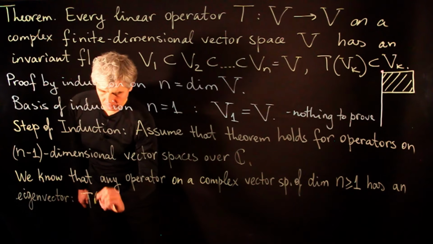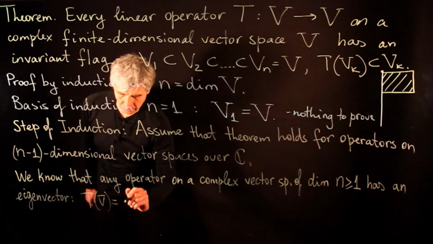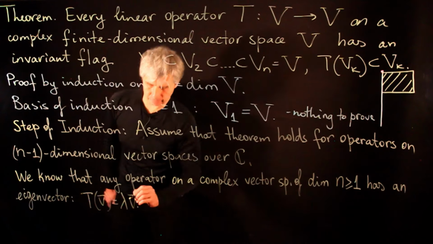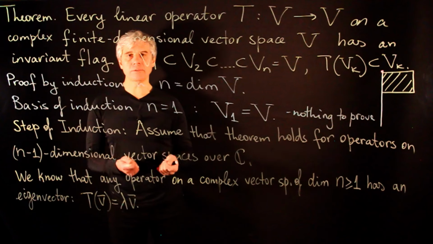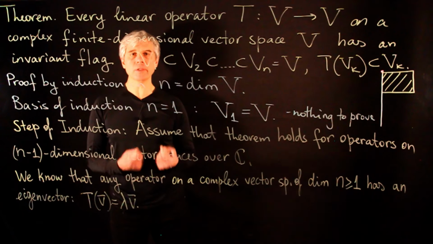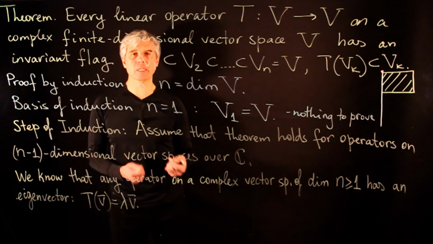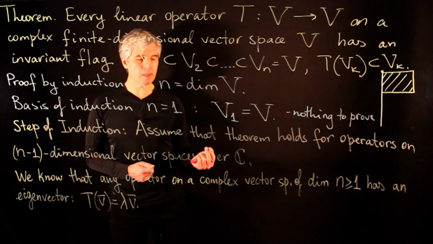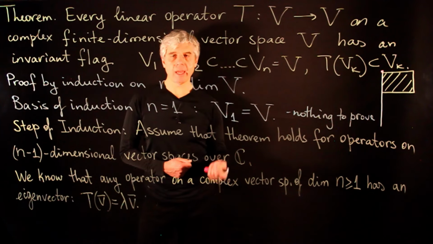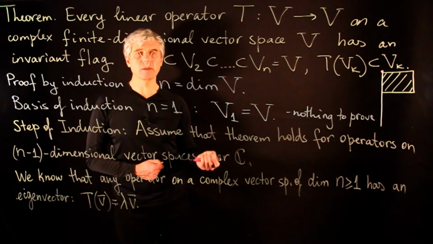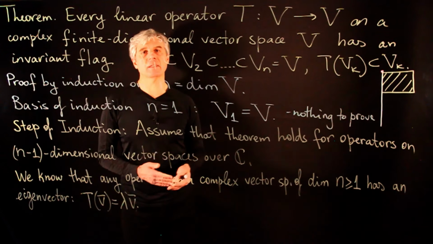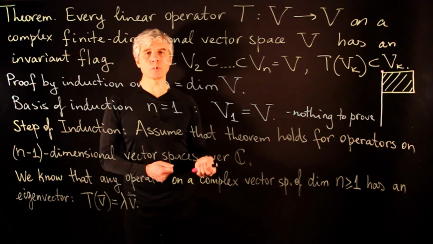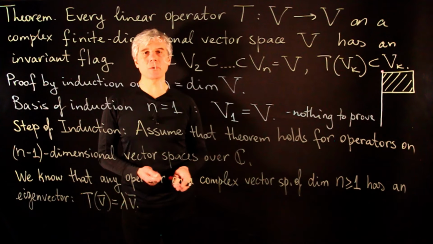So T of V is equal to lambda times V. This follows from the fact that if we compute the characteristic polynomial of this operator, which is a polynomial of degree n, over complex numbers, every polynomial of degree n factors into linear factors. And because of that, we are guaranteed to have a root lambda of a characteristic polynomial.